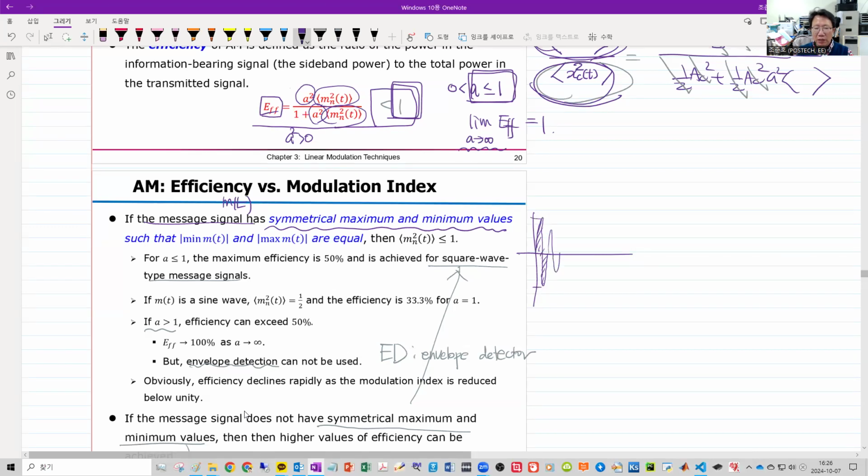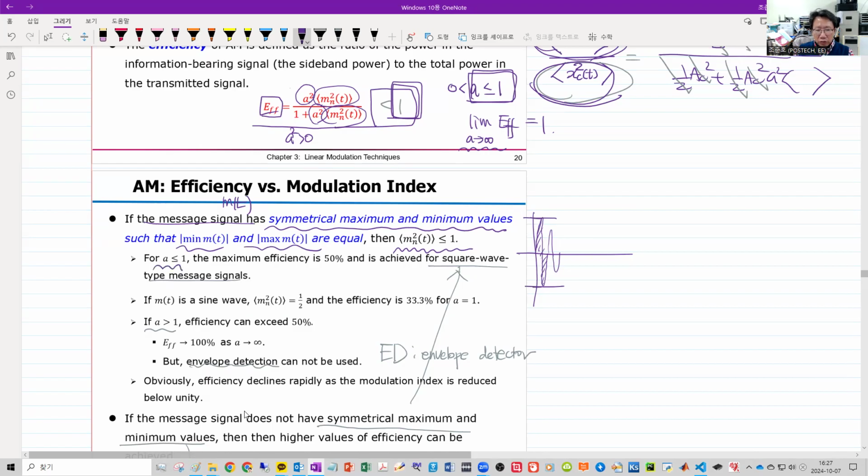Got it? Something like that. Okay. Then you can show that the average power of the normalized message is less than 1. It's not that difficult, because max and min have the same absolute value.